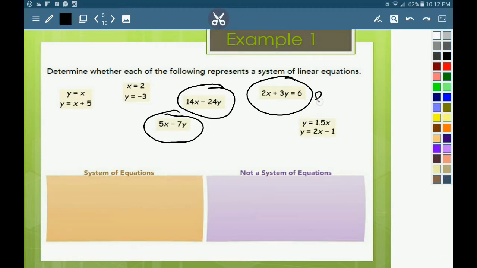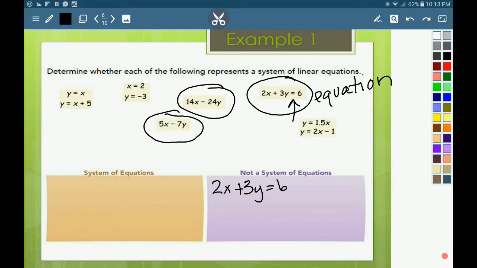This one is definitely an equation, so it had more potential to be a system because of that equal sign. But there needs to be 2 of them, so it is not a system. I'm going to put that in the category of not a system. So we had 2x plus 3y equals 6 is not a system.